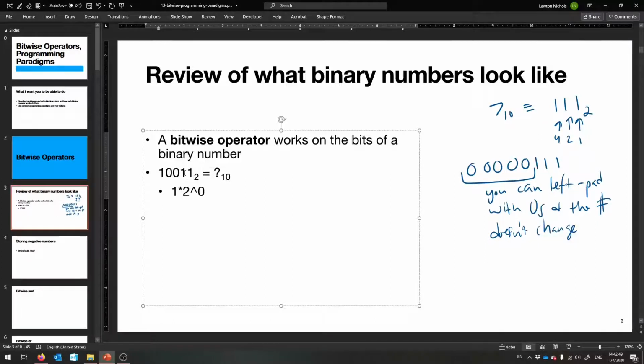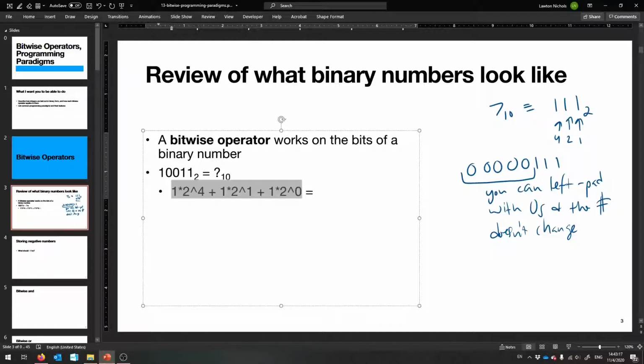Then to get this one, it's 1 times 2 to the 1. And then this one is 0 times 2 to the 2, 0 times 2 to the 3, and then 1 times 2 to the 4. And that's how you can do that.